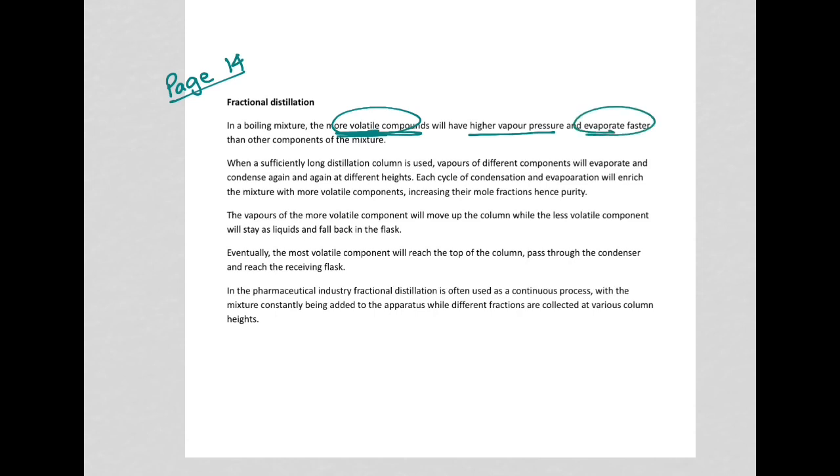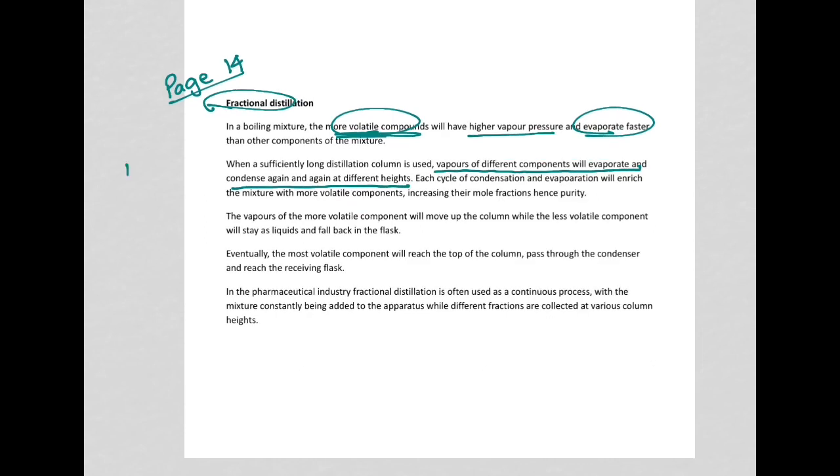Now, when we do fractional distillation in the column, let's say you have a mixture, all the components in the mixture are eventually going to produce vapors. So vapors of different components will evaporate, but they will condense again and again at different heights.